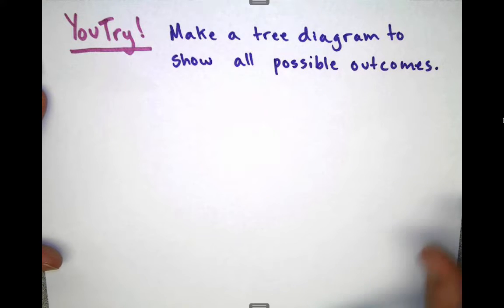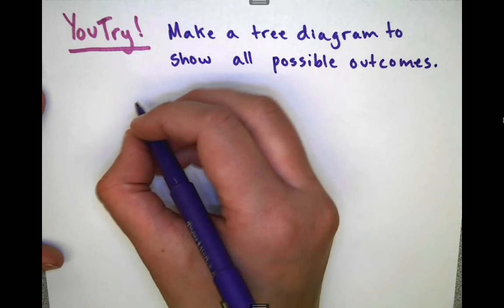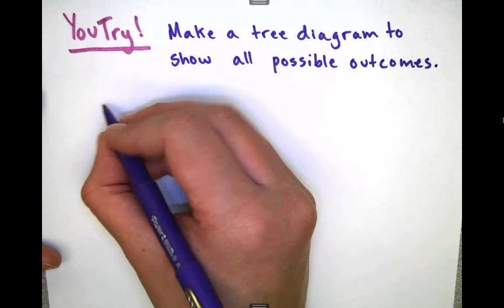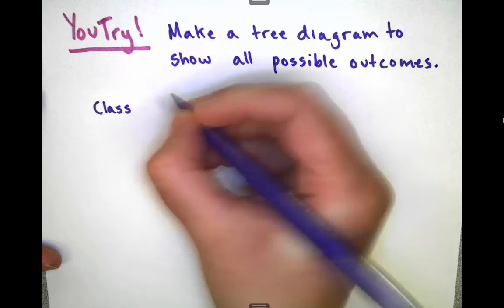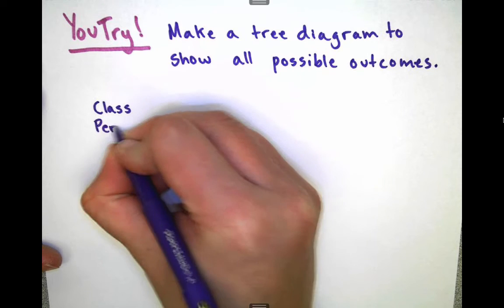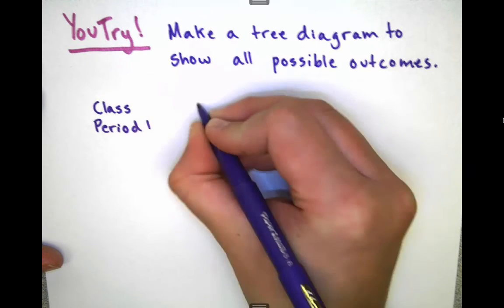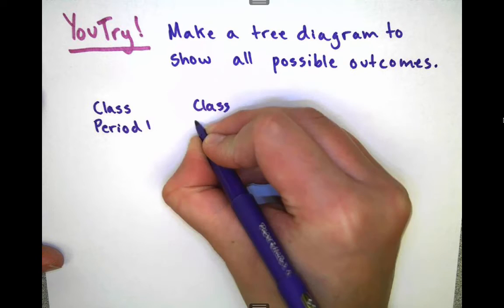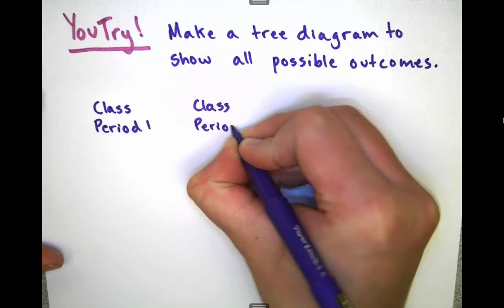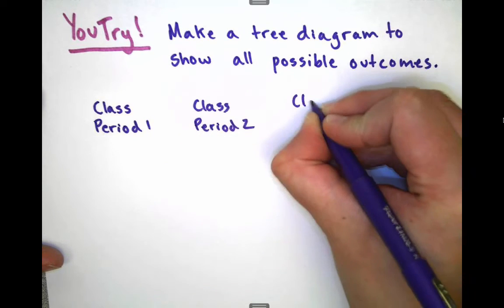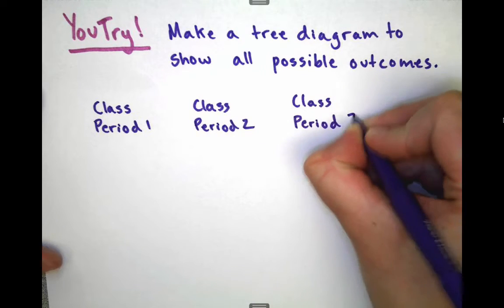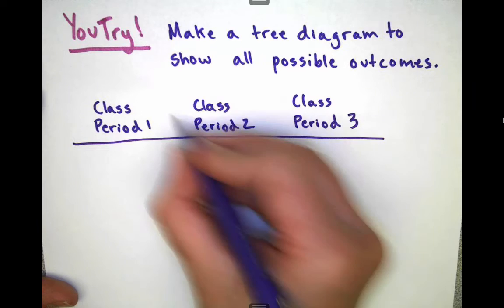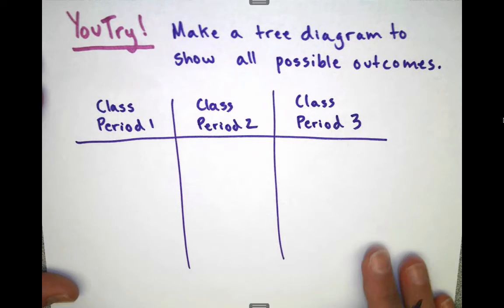So here are your choices. You have 3 classes that you're going to take during first semester at school. So we'll say class period 1, class period 2, and class period 3. So 3 different class periods. And here are the choices.